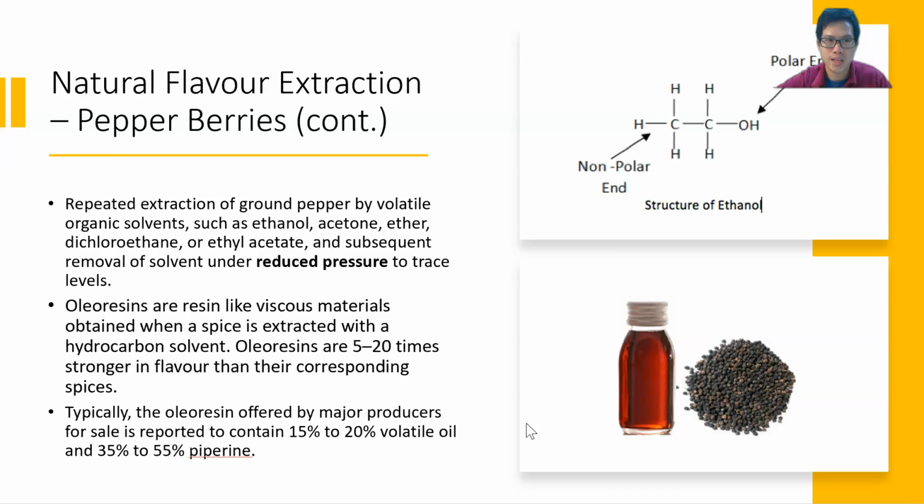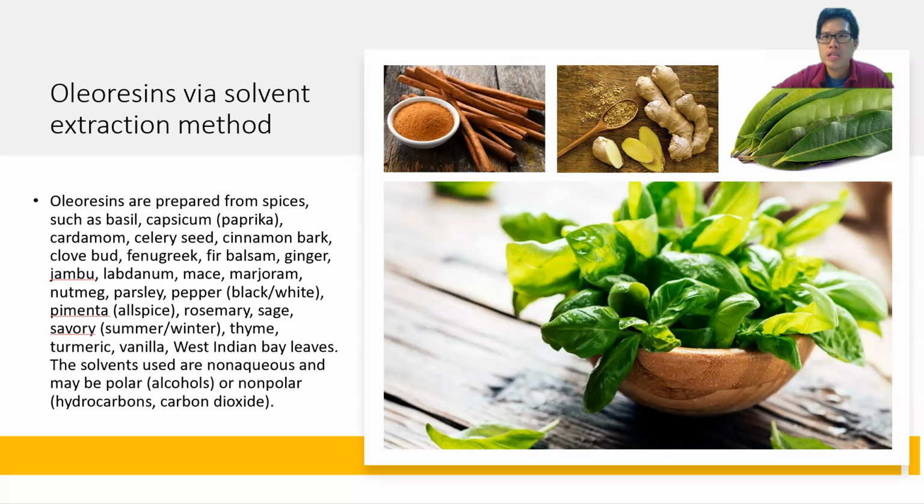This oleoresin is very similar to the methods that I have mentioned using the solvents. You can also do it to other types of spices, like basils, capsicums, cardamoms, celery seeds, cinnamon bark, clove bud, fenugreeks, fir balsams, ginger, and so forth.